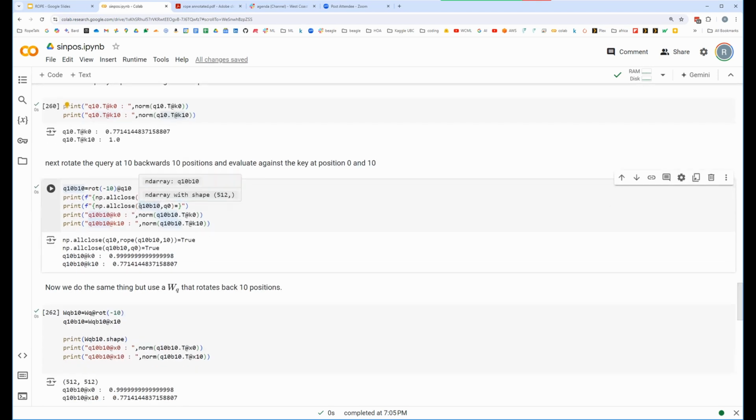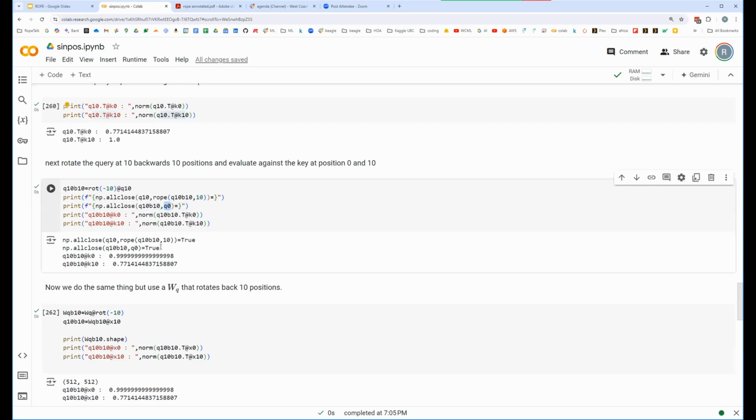I also wanted to prove that this comment here is wrong. If I have the query at 10 rotated back 10, and multiply it by the key at 0, is it the same as the query at 0?